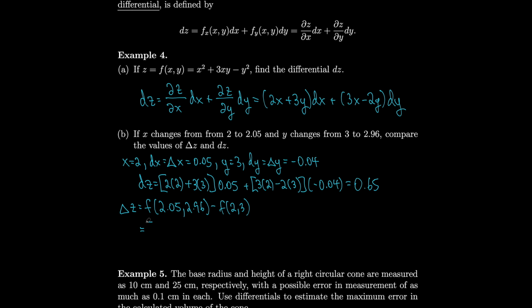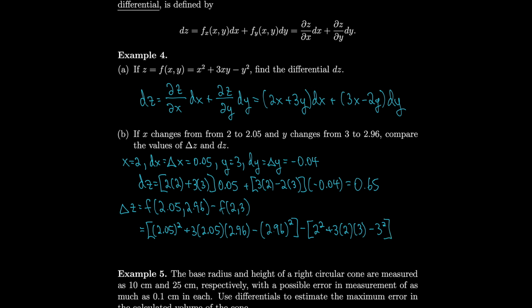So that's just 2.05 squared plus 3 times 2.05 times 2.96 minus 2.96 squared minus 2 squared plus 3 times 2 times 3 minus 3 squared.